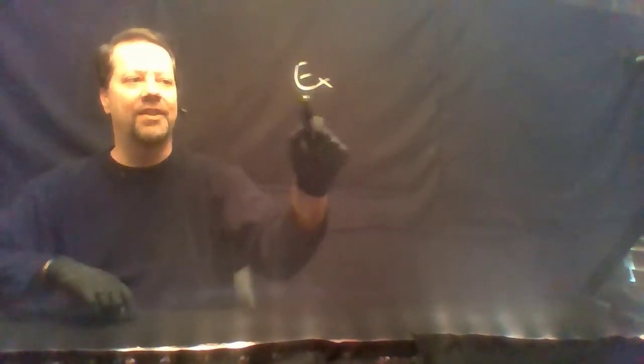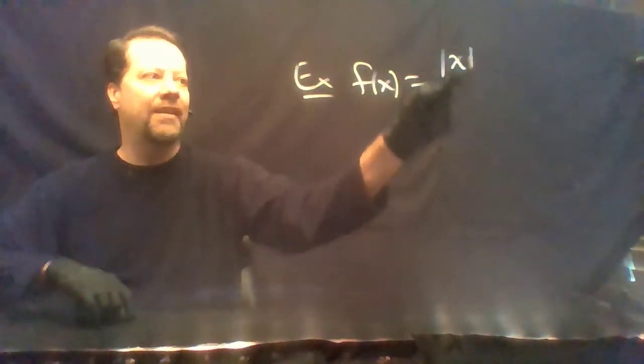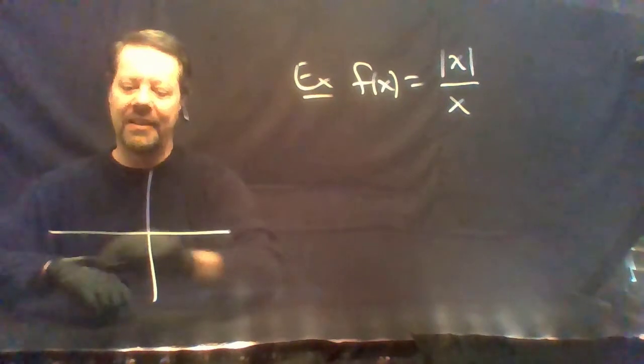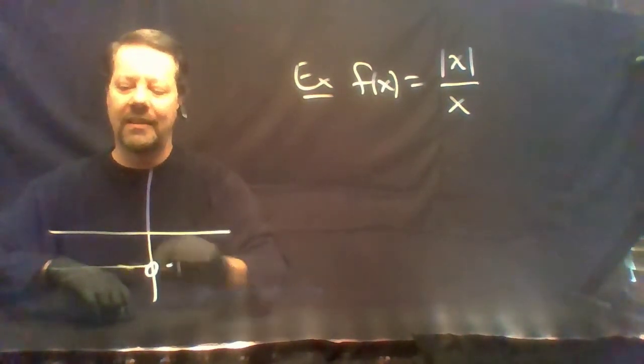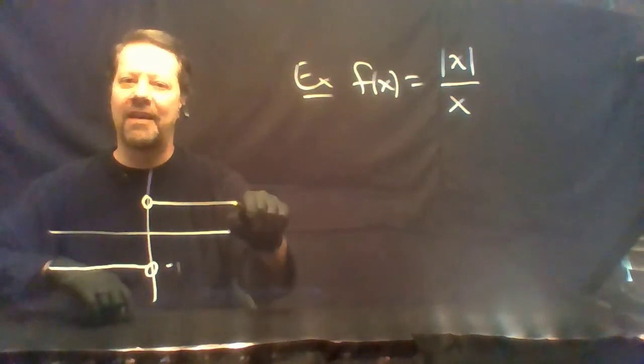A classic example of a function having a jump discontinuity is the absolute value of x over x. We've seen that this function is -1 until you get to 0, and then 1 thereafter.